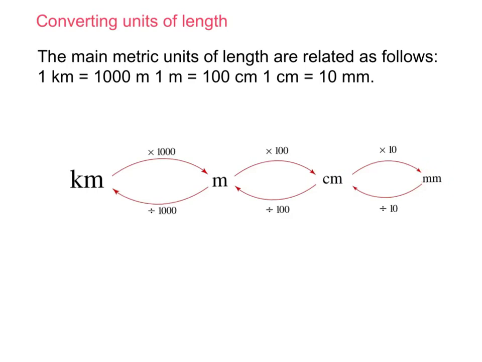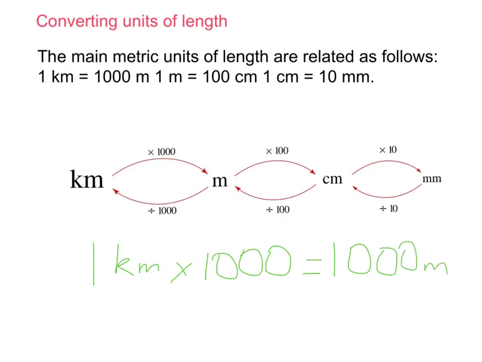So if we have 1 kilometre and we want to find out how many metres that is, we need to times it by 1,000. Because we have 1 kilometre, we're going from a big unit to a small unit, and we want to find out how many metres that is, we times it by 1,000.